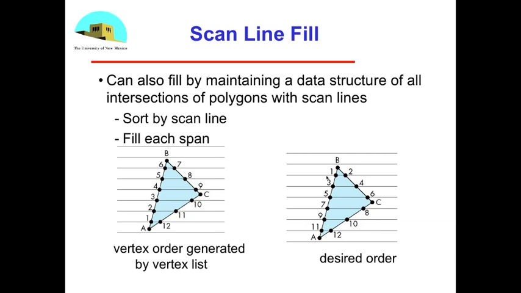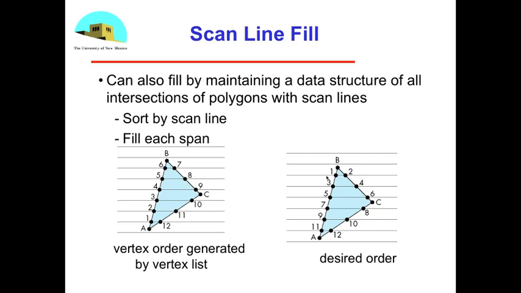So the idea was this: if I start with a polygon specified on the left by vertices A, B, and C, then the way I would incrementally generate the vertices, at least in a clockwise order, would be to march along in between A and B, generating the location of vertex 1, 2, 3, 4, 5, 6. Then I'd march along from B to C, getting 7, 8, and 9, and then finish by going from C to A to get 10, 11, 12.